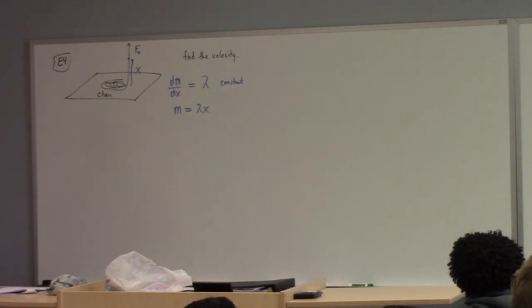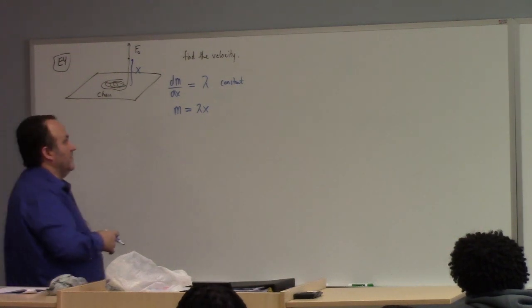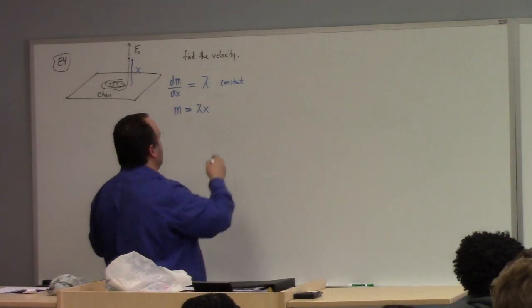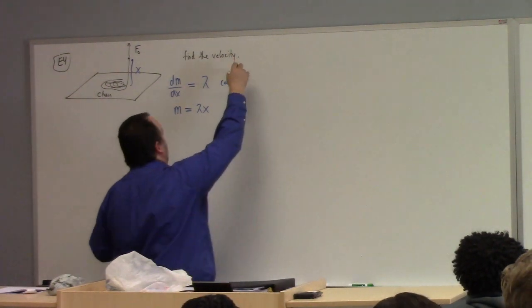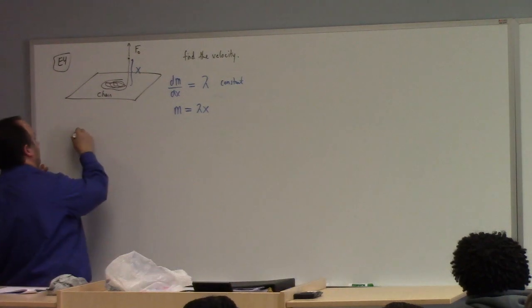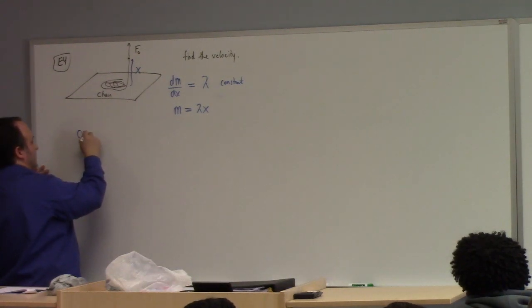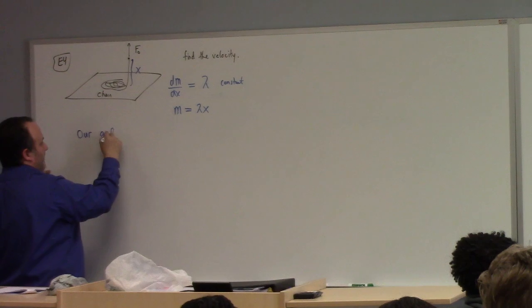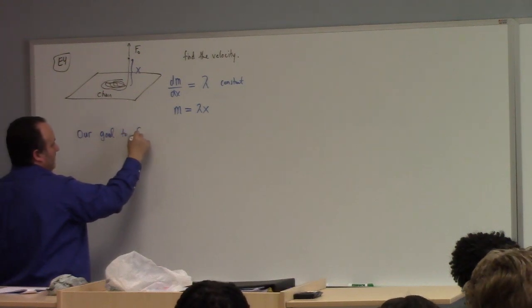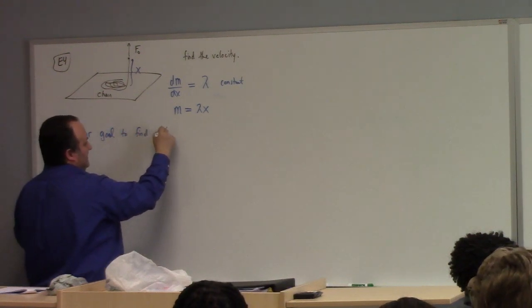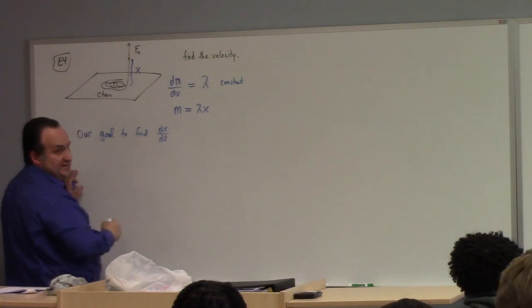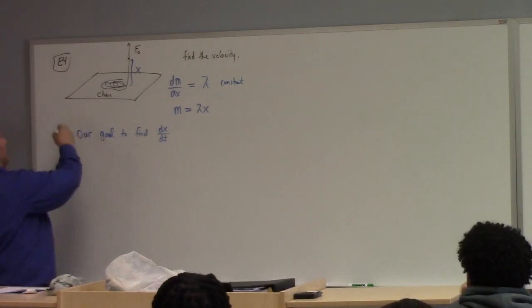There's some constant times x, which gives me the mass which has been lifted. Are we good? That make sense? So, what's the velocity then in view of that? Our mission, should we choose to accept it, is what? We're trying to find dx dt. That would be the velocity that we're interested in. How do we do that?